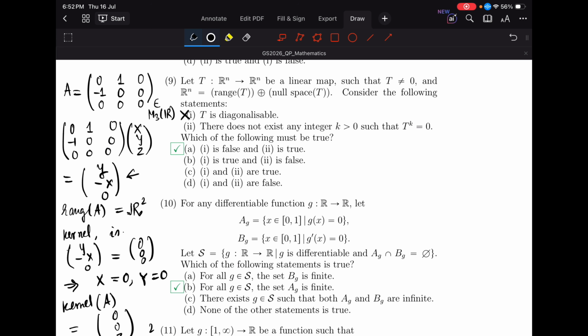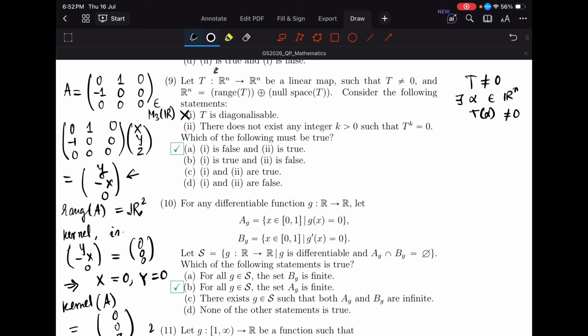So T is not equal to 0 is given, then that means, if you look at the linear transformation, there exists alpha inside R^n such that T(alpha) is non-zero, right? That is the meaning of T non-zero.